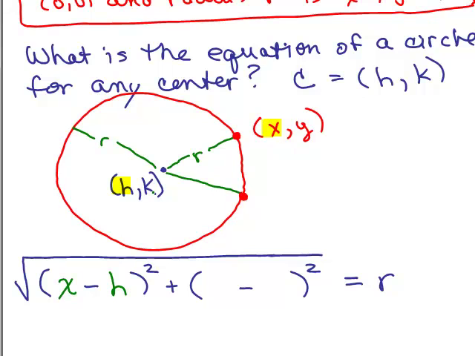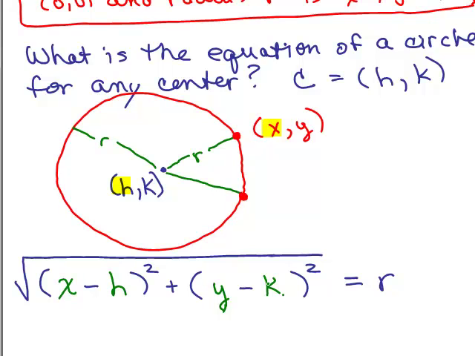Now the difference of the y coordinates, I could do y minus k. So we know that the square root of (x minus h) squared plus (y minus k) squared is equal to that radius. It's exactly that distance that we want.